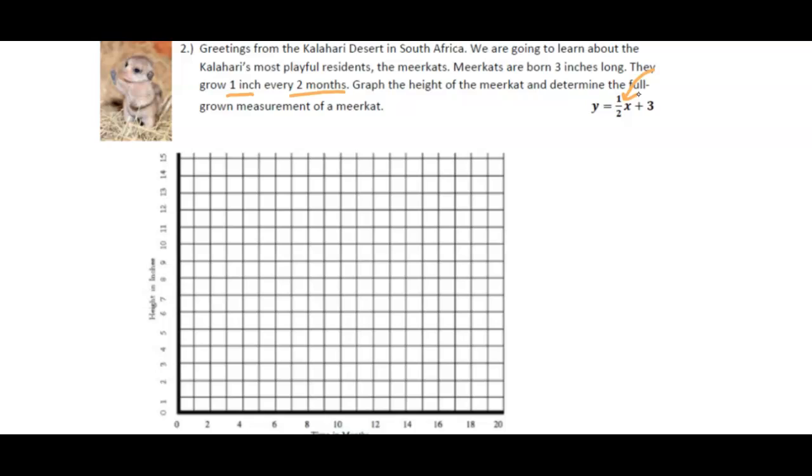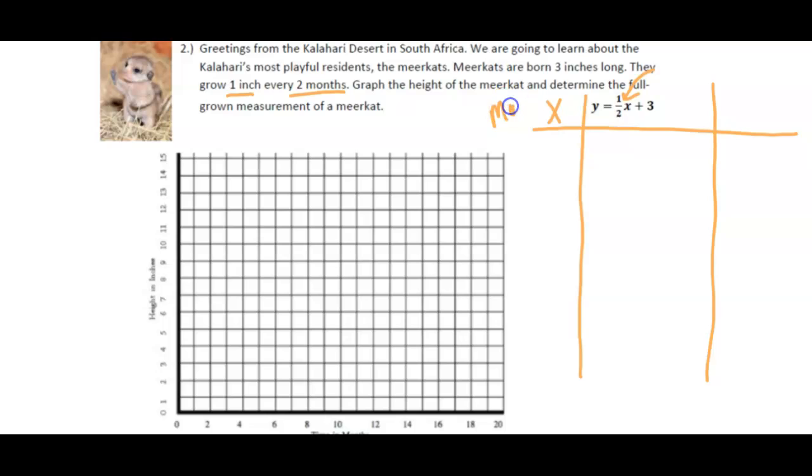Again, we're going to use those same numbers for our x, and we're going to calculate what our y is. So the x in this case stands for the number of months that he's growing, or she, and the y value stands for the number of inches.